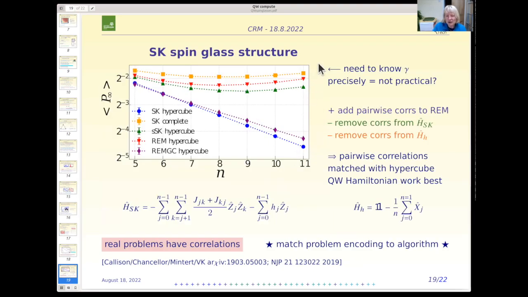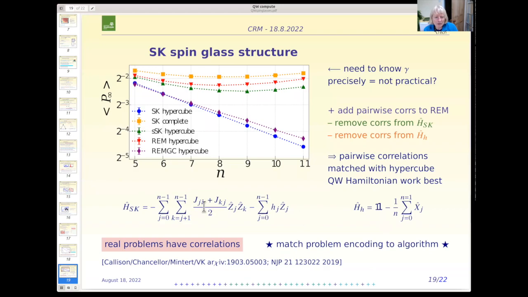So why are we beating search? We're doing this because there are correlations in the problem, and because we've matched our driver to the correlations. Our spin glass Hamiltonian, or any other problem we've encoded into this, has pairwise correlations in there. The strength of them is given by these randomly chosen J terms. And we've got a driver that does single spin flips.